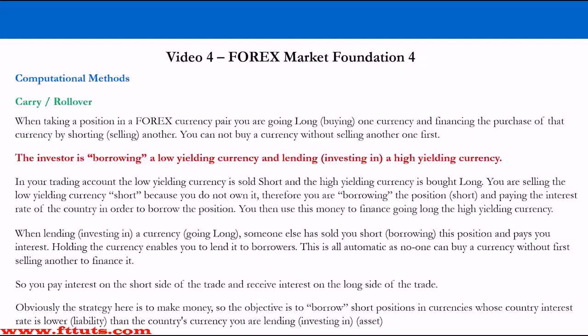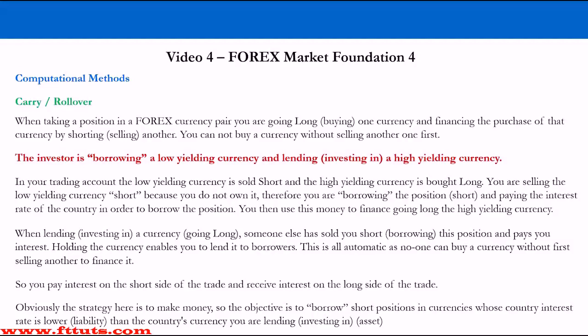Now, when we're looking at this thing that we call carry, what you're trying to achieve in making a carry is basically borrowing a low yielding currency and lending or investing in a high yielding currency. So you borrow at a low rate and you buy a currency that pays a high rate.